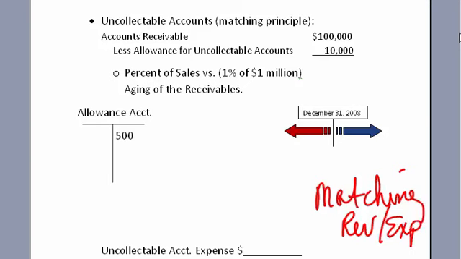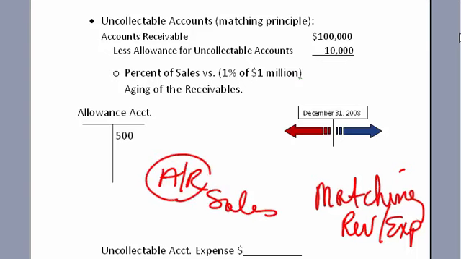And so we know when we go out and record a sale, so we record accounts receivable and sales, we know that some of those accounts receivable are never going to be collected. So what we have to do is create what's called a contra account, or an opposite account, a negative account, and estimate how much people are not going to be able to pay.